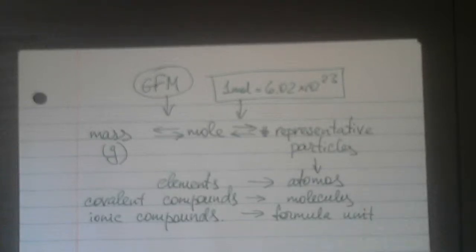Okay, let's see. Okay, this is iron. Quick check. Here's an interesting question. How many atoms make up 1 gram of gold?